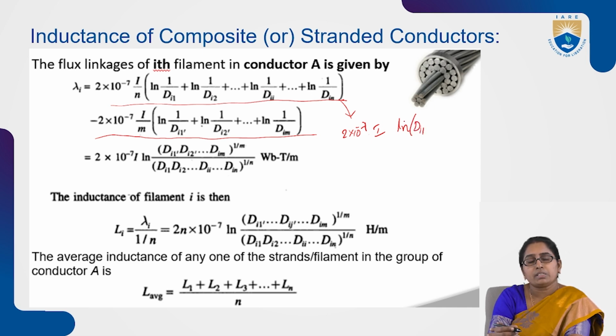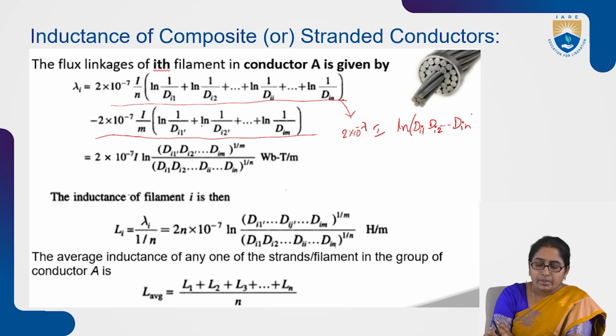So log a plus log b means log ab we can write. So log of d I1, d I2, and so on, d In. Okay, whole power what? 1 by n. This is whole power 1 by n.